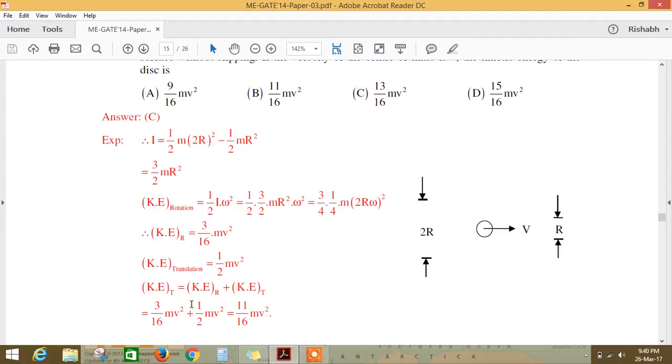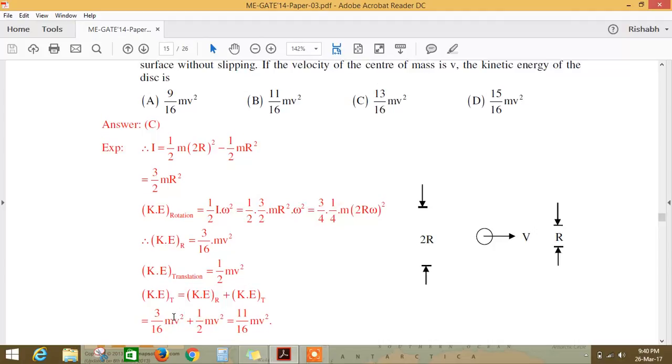In case of rotational kinetic energy, we know half I omega square, where I is the mass moment of inertia about the rotating axis. Suppose the whole annular disk is rotating about the center of mass, and if you give that axis velocity v, you will see the rolling motion.